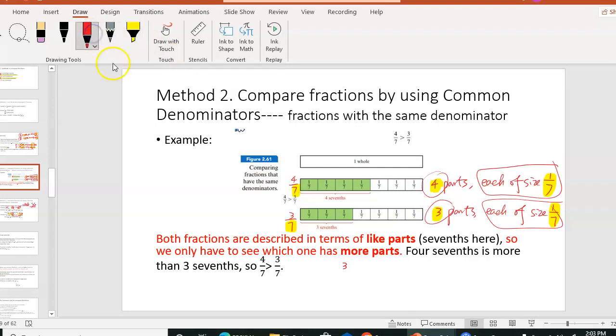So whenever we compare fractions, we have to compare two things. Which two things? Number of parts. Which one has more number of parts? Also, the size. Do they have the same size? If they have the same size, we just need to compare the number of parts.